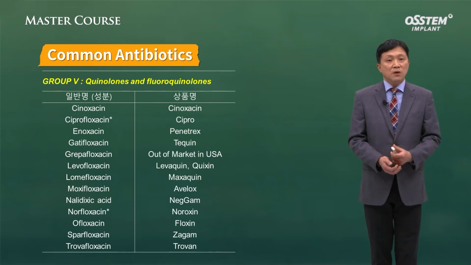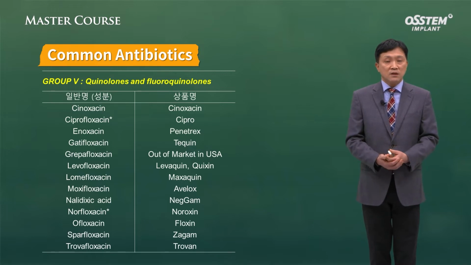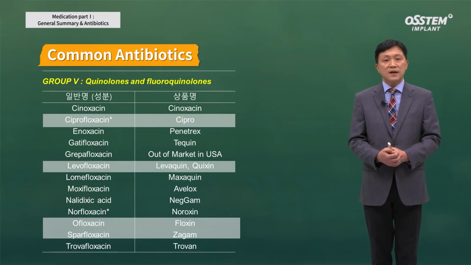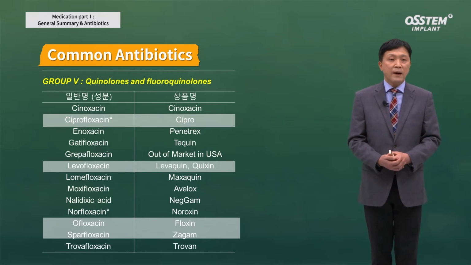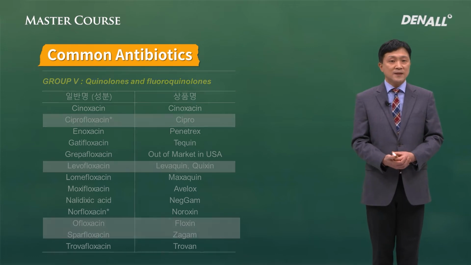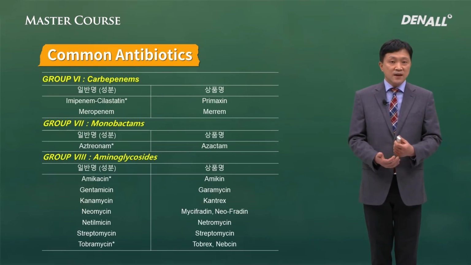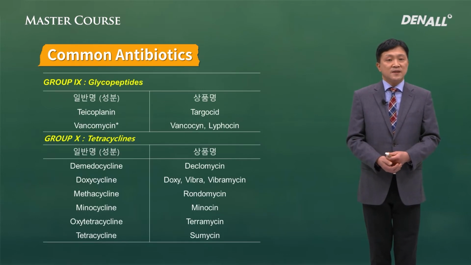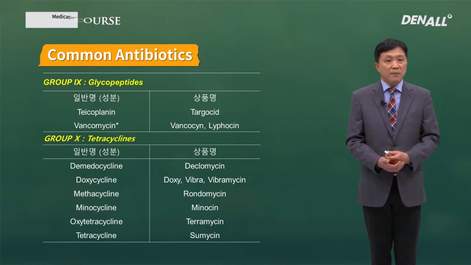Group 5, quinolone. There are 4 generations of quinolone, I think. And that there are some differences between the generations. Generation 1 starts with ciprofloxacin. Quinolone includes ciprofloxacin, levofloxacin, ofloxacin, and sparfloxacin. Group 6, carbapenems. Group 7, and Group 8, aminoglycosides. Group 9, 10, tetracycline is Group 10.